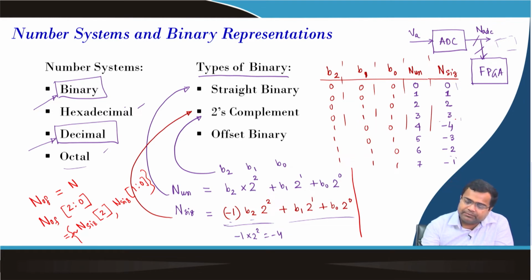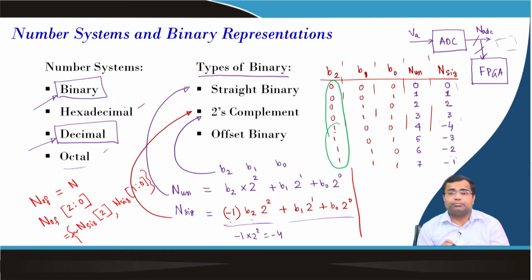Compared to the 2s complement, since you are inverting this particular MSB, in offset binary, 1 all 0 in 2s complement will become 0 all 0. So, in offset binary, the number for the maximum negative will be all 0, and all 1 will be the maximum positive, because in 2s complement 1 all 0 is the maximum negative.